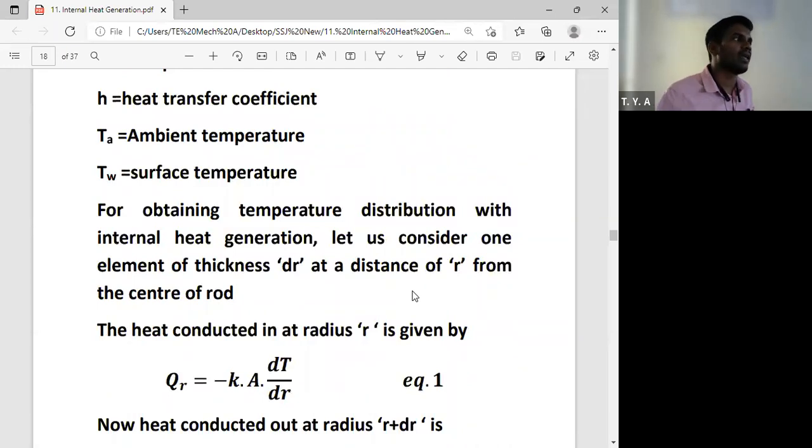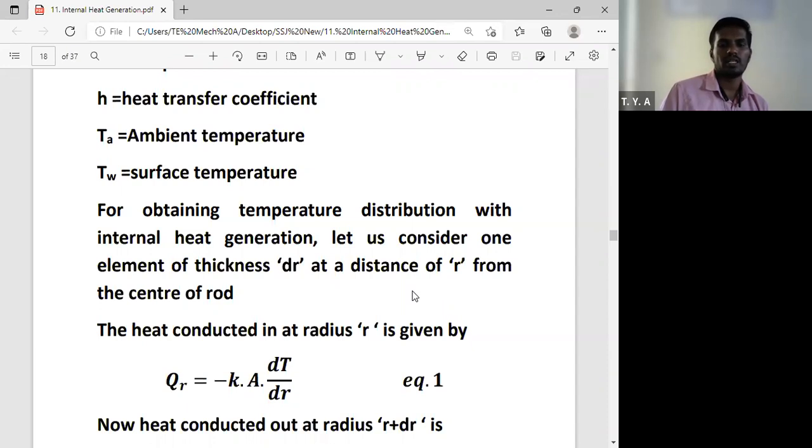Okay, then write down: for obtaining the temperature distribution with internal heat generation, we have to consider internal heat generation also.